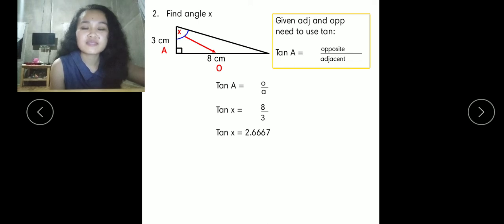Then get the inverse of tan in order for us to get the angle x. Then click the equal sign, which is equal to 69.4 degrees. So that is the angle x.